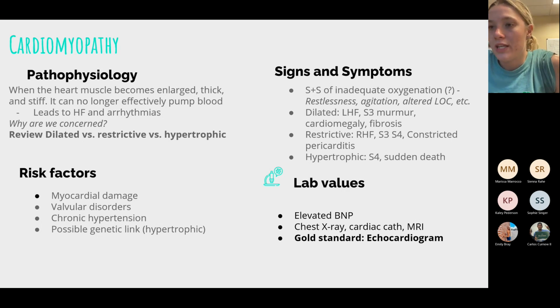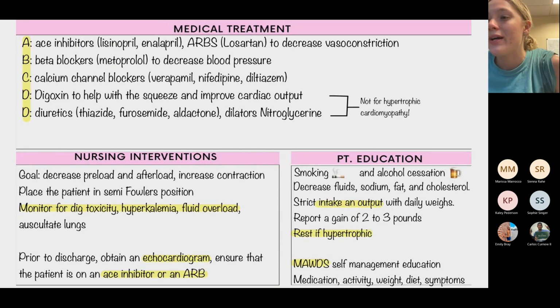So what is our gold standard? Well, we need to get an echocardiogram done on these patients. An echo tells us ejection fraction. That's all it does. It shows us a nice little picture of the heart, like an ultrasound of the heart, but it really lets us know what ejection fraction is happening. Ejection fraction is important: how well are we perfusing the body? So again, we have our cardiac cocktail of different meds.